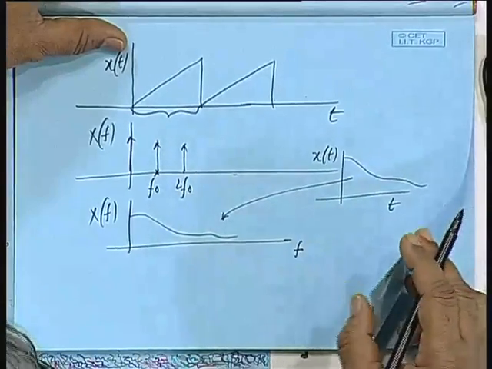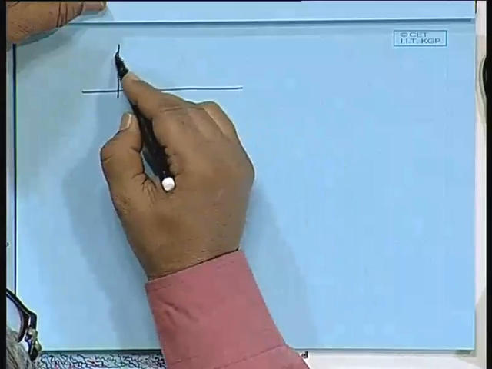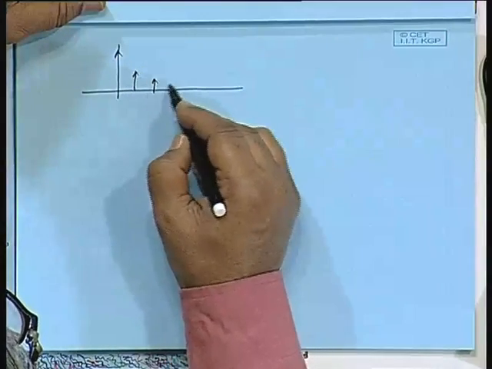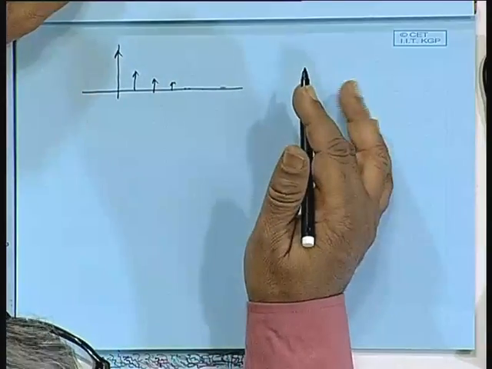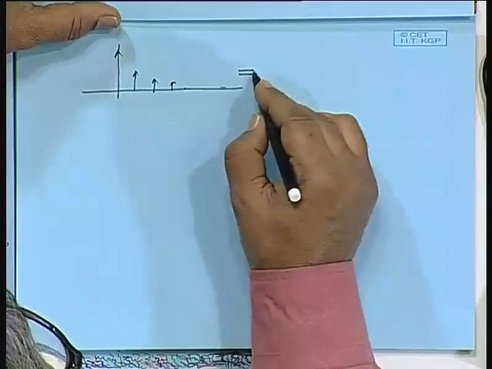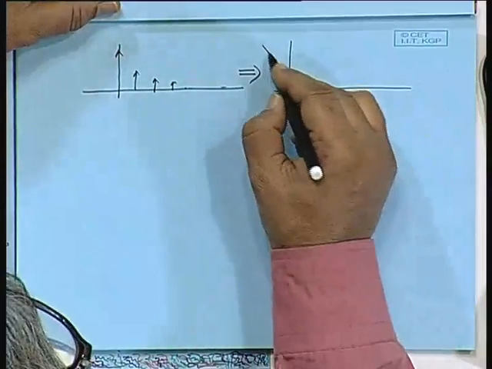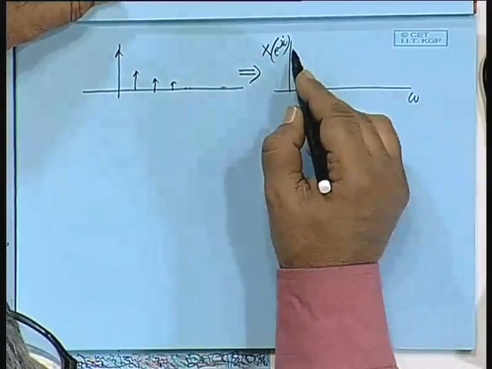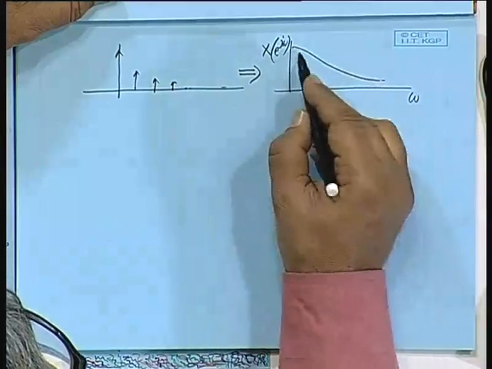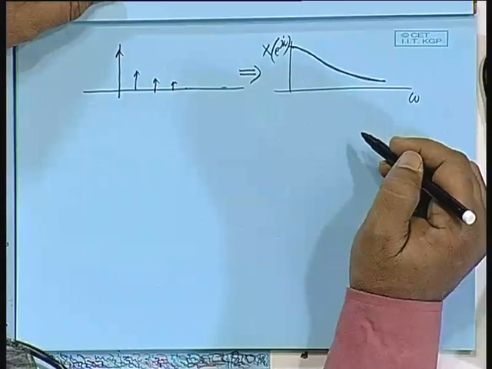Okay. Now, in the discrete domain, if you have a discrete sequence of finite length, suppose this is a sequence, after that it is all 0, it is not periodic, then what will be its frequency transform? X e to the power j omega in the frequency domain we get a continuous function.